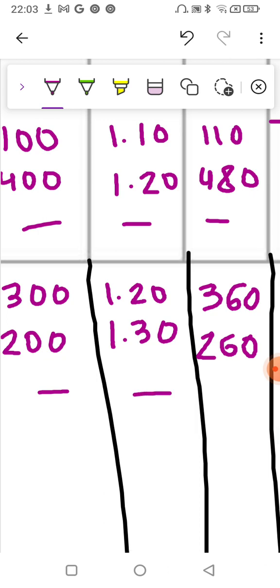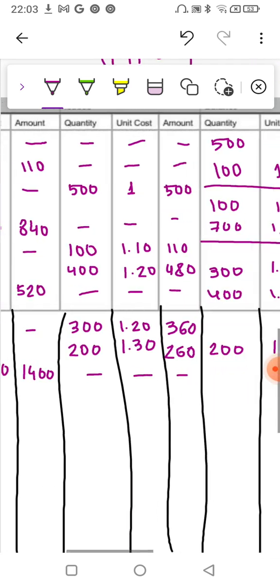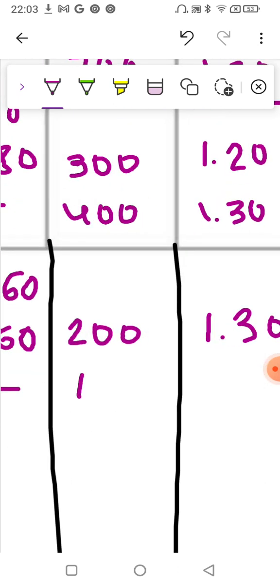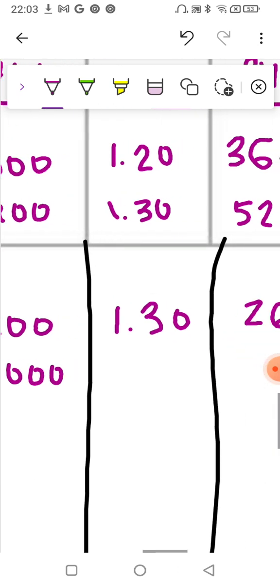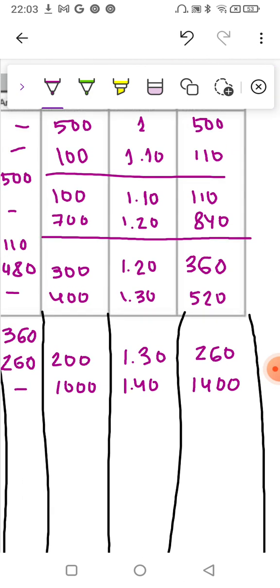There was no issue on that date. So now what I'm left with in my balance is 1000 units at 1.40 per unit cost, and once we multiply it, we get 1400. This is what I'm left with.